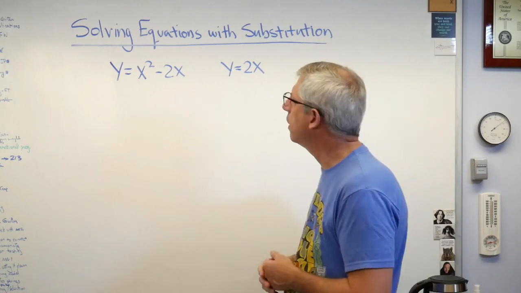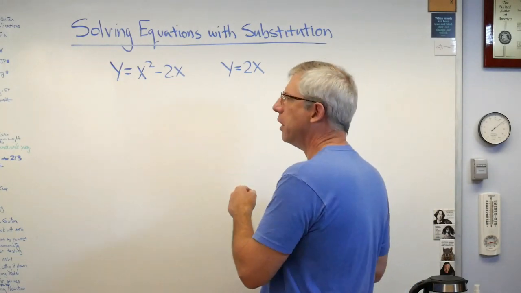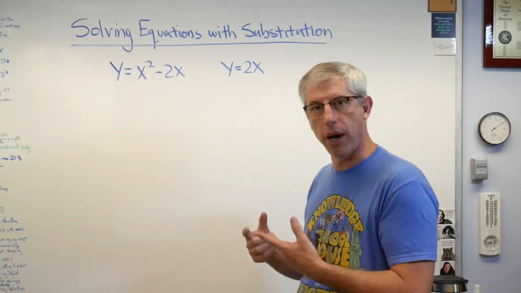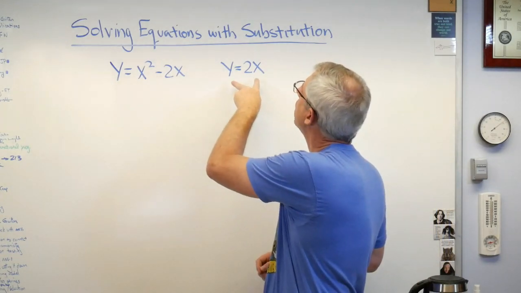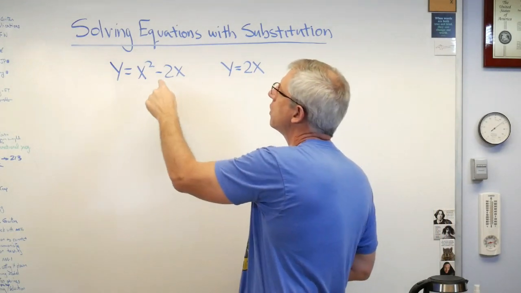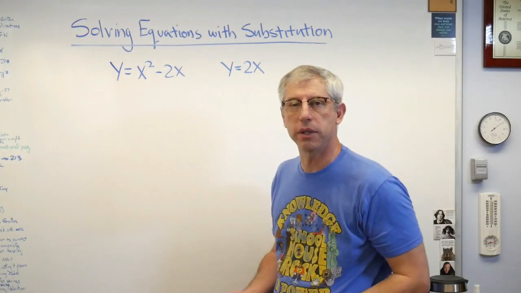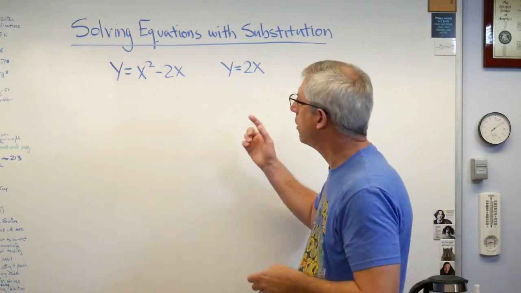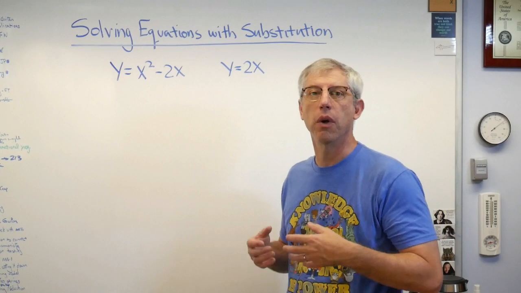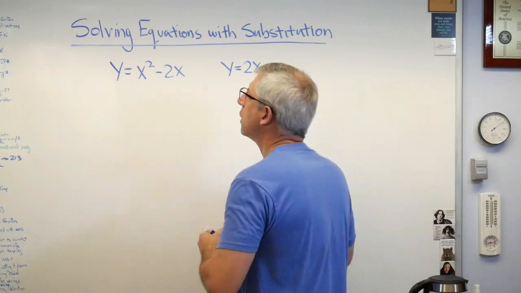What does this mean? Well, what I'm trying to do here is find two numbers, x and y, a pair, what they call an xy pair, that if I plug into one equation, the equation is true, and if I plug into the other, the equation is also true. So find two numbers, x and y, that make both of those equations true. That's what solving the system means.